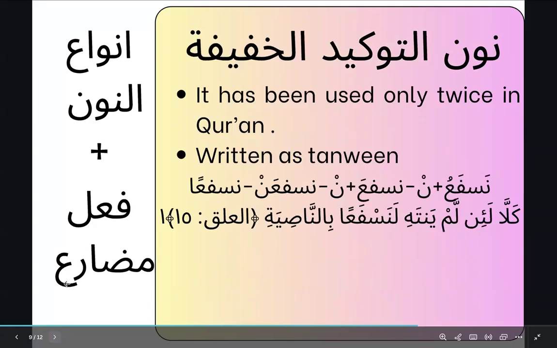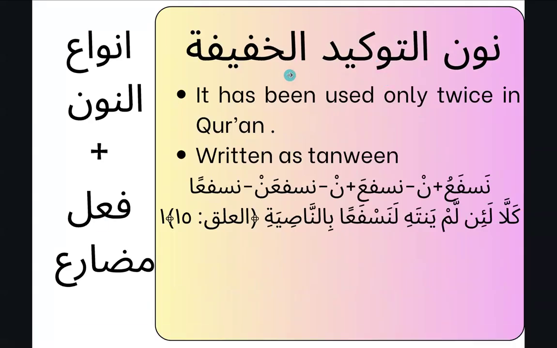When it comes to nunu tokid al-khafifa, it has been used in the Quran just 2 times. It is always written with tanween. As you can see, nasfa'an, when nunu tokid al-khafifa is attached to it, your fail mudare has to drop its dhamma and take upon itself a fatha, so it became non-flexible with a fatha, and then noon is attached to it.